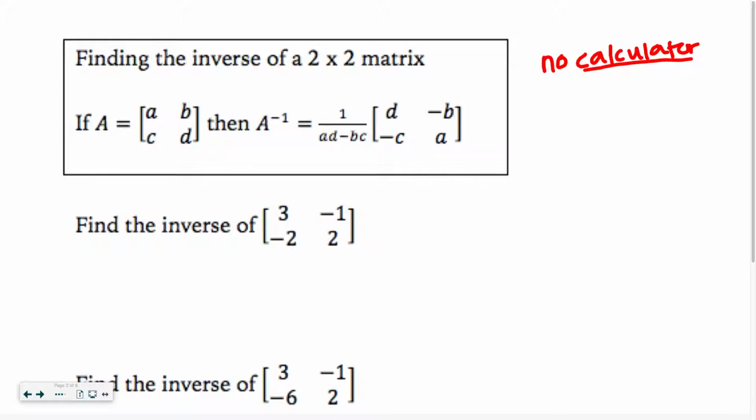You are multiplying the values on the two diagonals. So A times D, the diagonal going down from left to right, minus B times C, the diagonal going up from left to right. You can make a little note: this is the difference of the product of the diagonals.